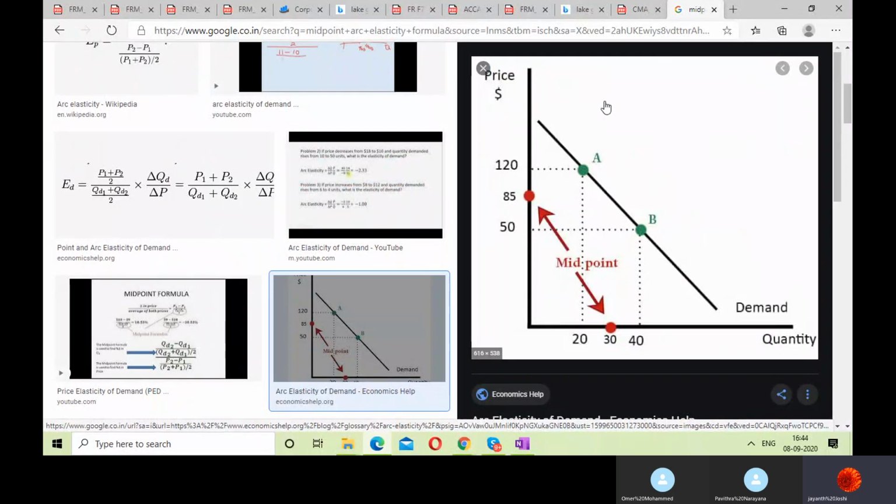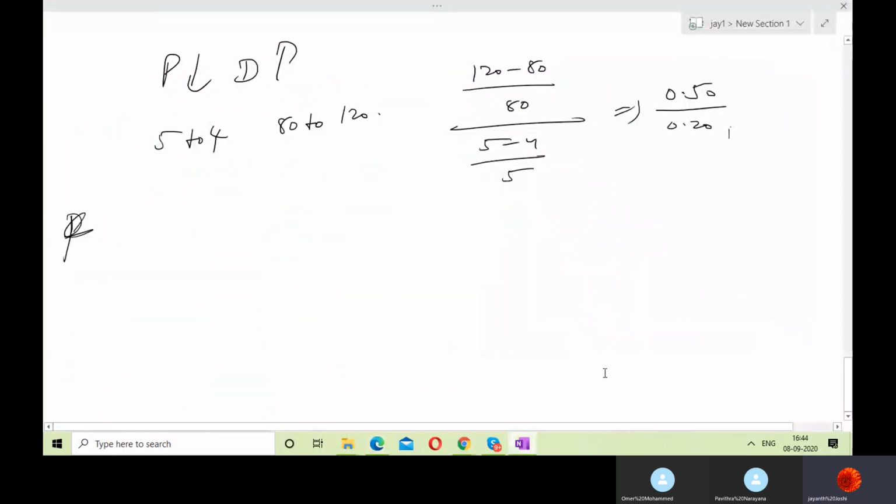We can also draw an arc like this, touching both points A and B. This is the arc elasticity of demand.